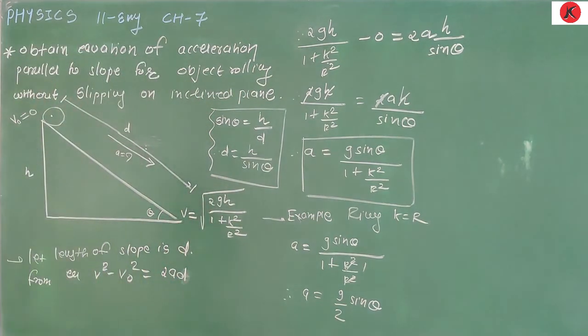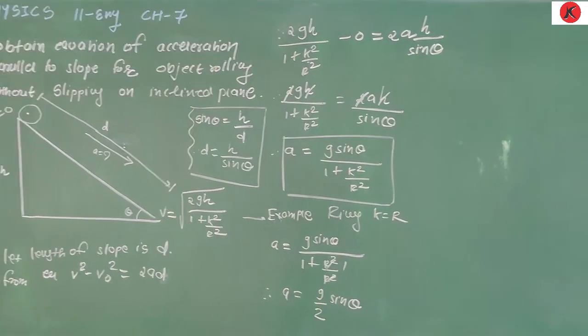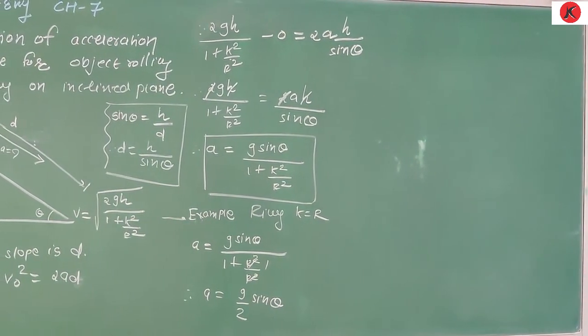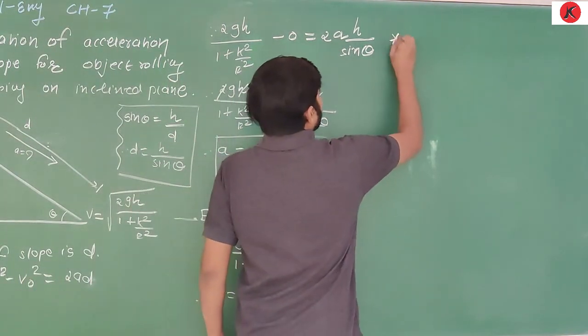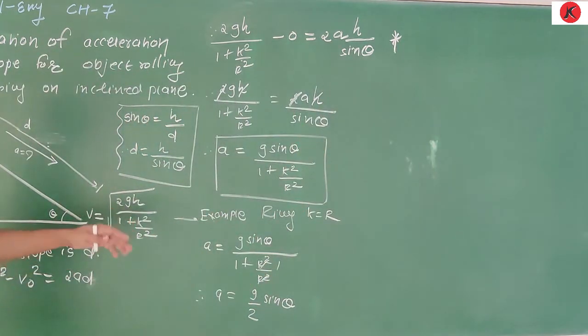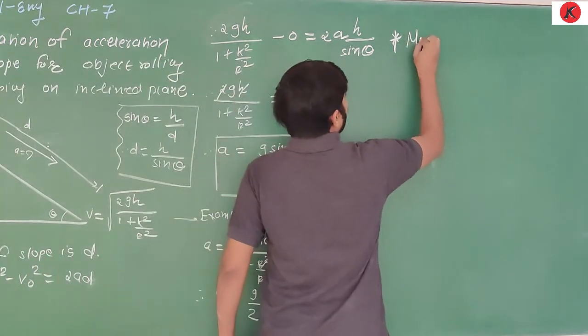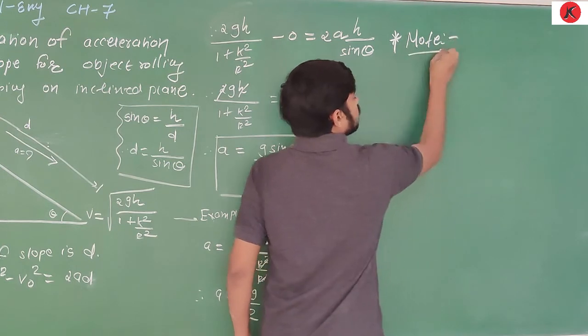Now, there is one important point. You know chapter 5, laws of motion. Yes or no? Here the theory is over. It is one extra point, that is a note.